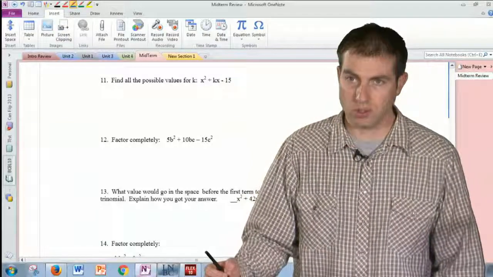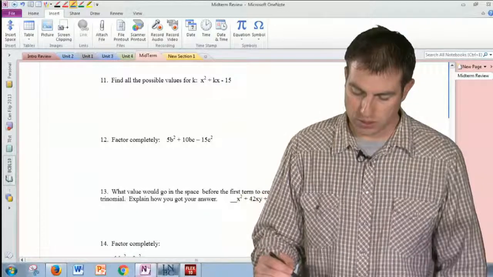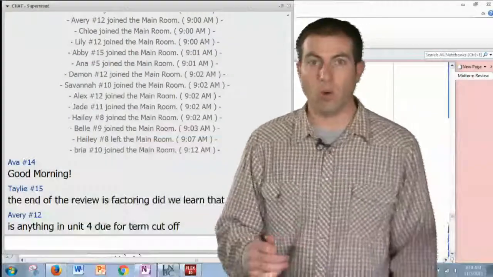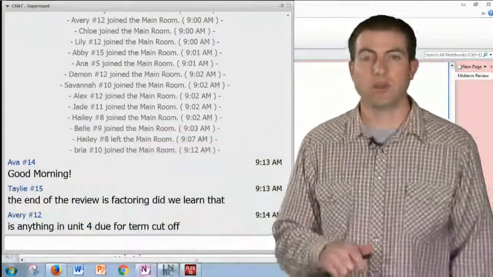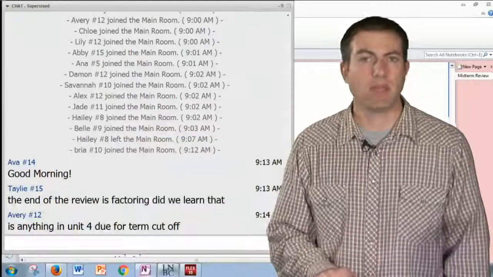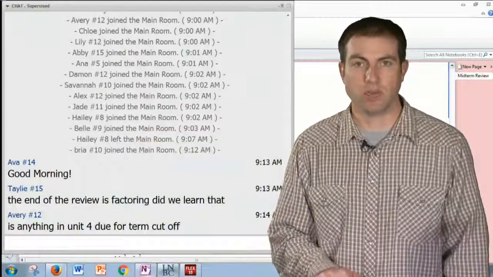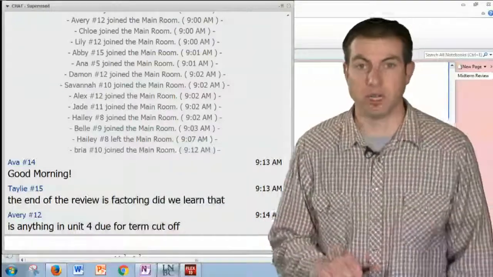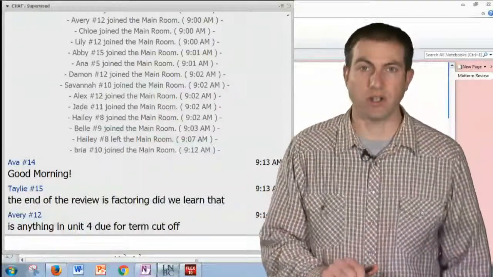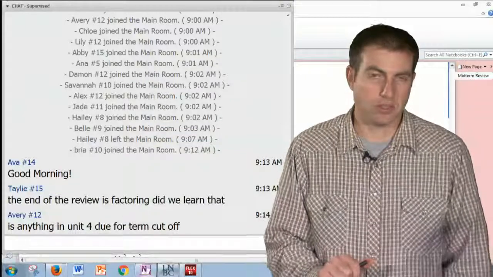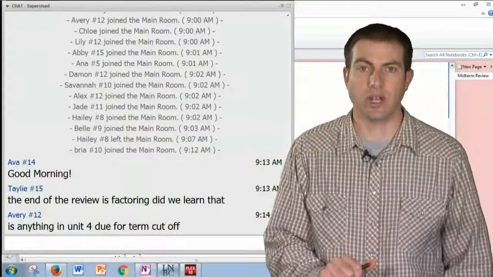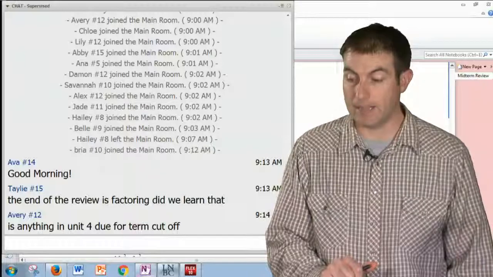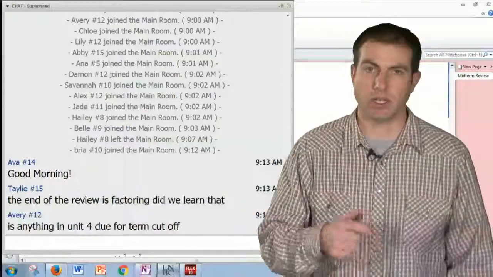Is anything in Unit 4 due for the term cutoff? No. If you wanted to do some of the quizzes from Unit 4, they may come onto your first term report card, but as I've said a few times, they don't really count for very much, so it's not going to really affect your grade at all. If it were to affect it, the difference between a letter grade, I would go back and reconsider it or look at taking it off for now.